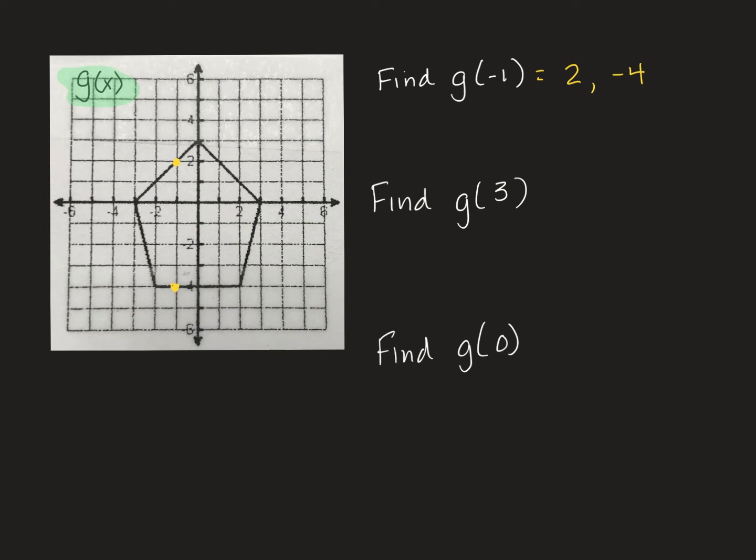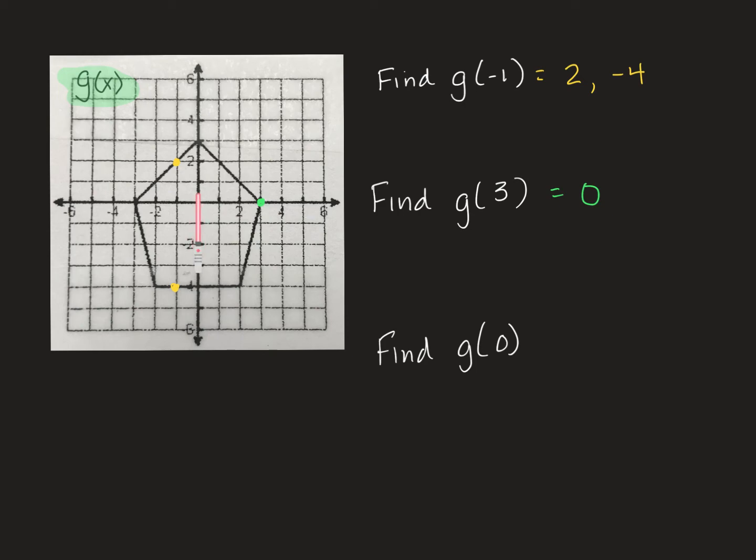We could do the same thing for 3. I want to know what happens when x is 3. So this is 1, 2, 3. X is right there. So that's 0. This one only has 1 answer. If I go to where x is 0, that's here.